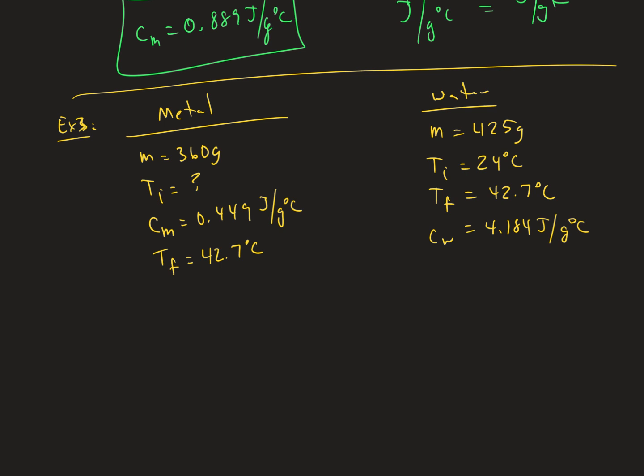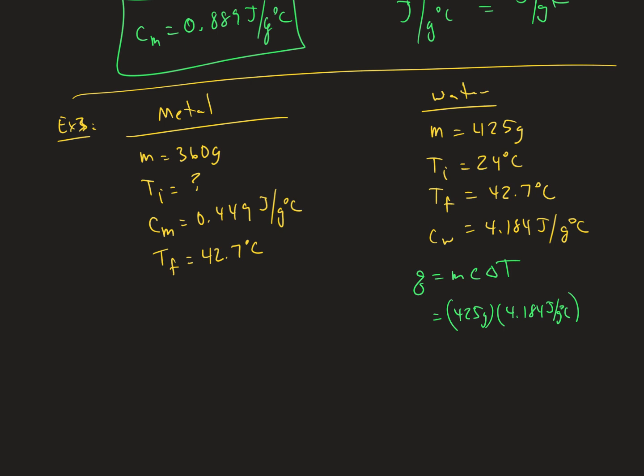So what are we going to find first, water or metal? Water. We know everything about water. So we have Q equals mcΔT, a good way to remember it. And we're looking for Q. That's equal to the mass of the water, which is 425 grams, times the specific heat of water, 4.184 joules per gram degrees Celsius, times the change in temperature.